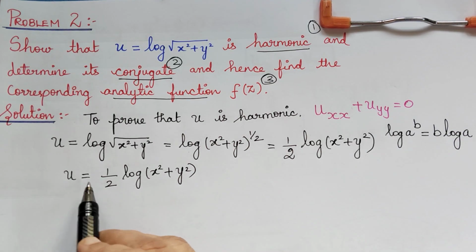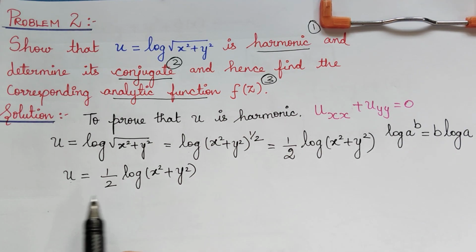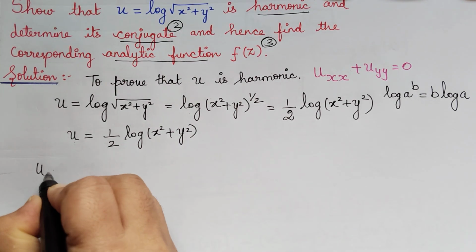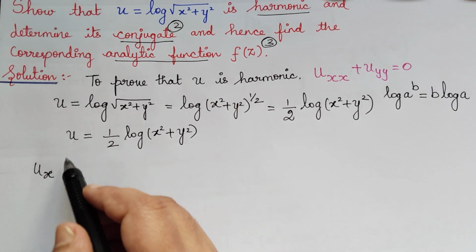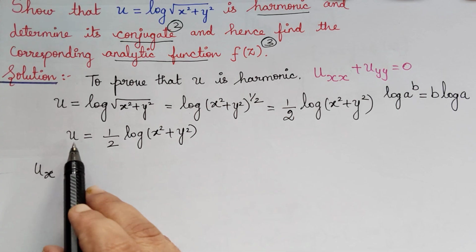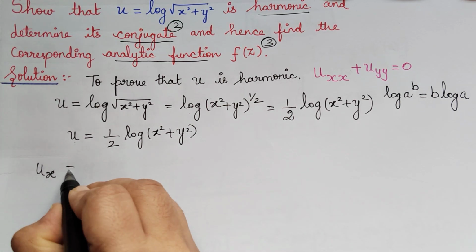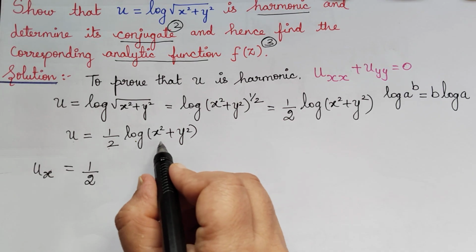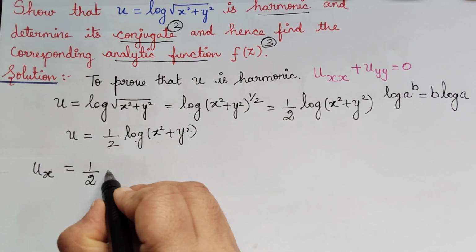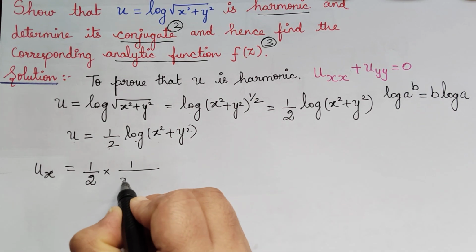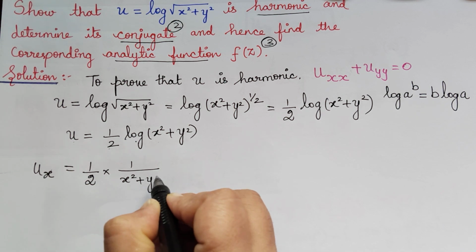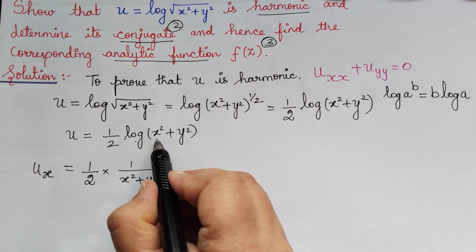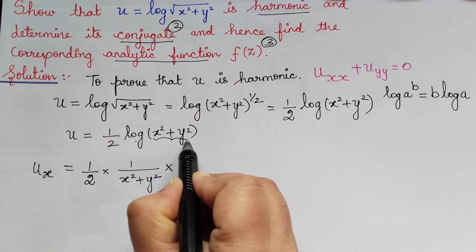Now we shall find uxx and uyy using this u. So what will be uxx? Ux is the first differentiation of u partially with respect to x. So 1 by 2 comes as it is, and the differentiation of logarithm of x square plus y square is 1 by x square plus y square, and using the chain rule it has to be multiplied with the differentiation of whatever is here in the bracket.